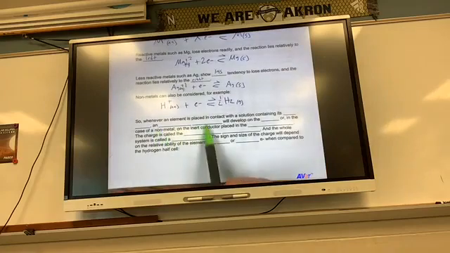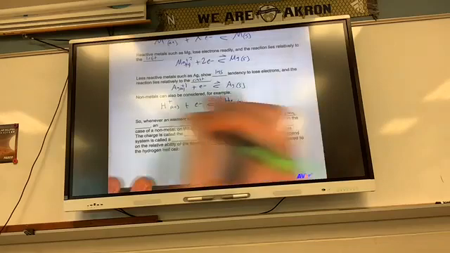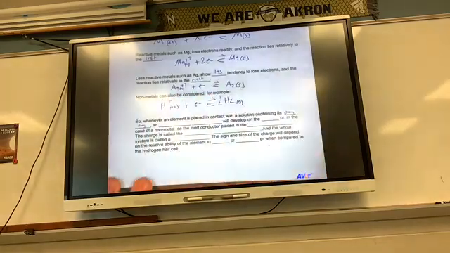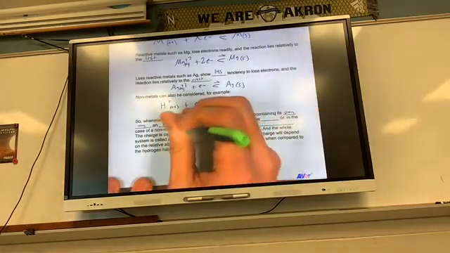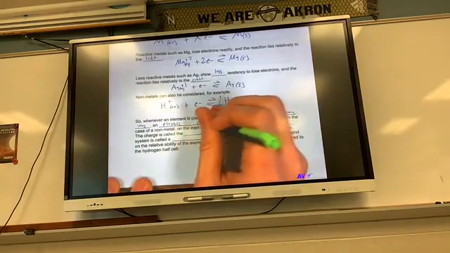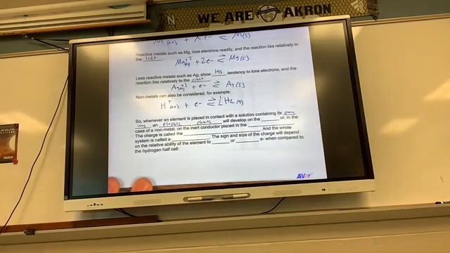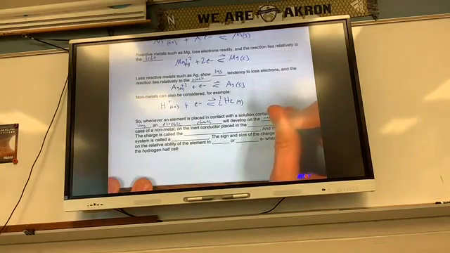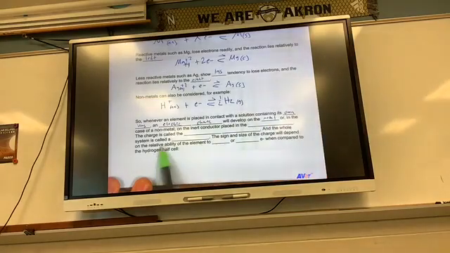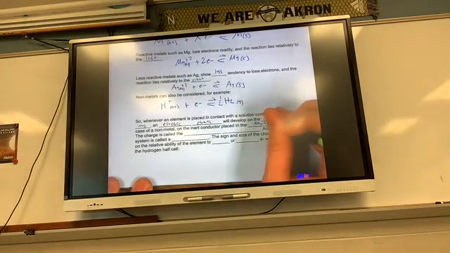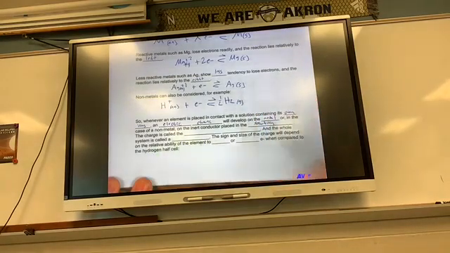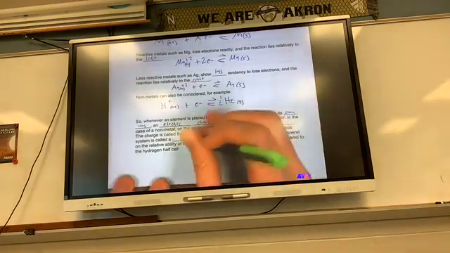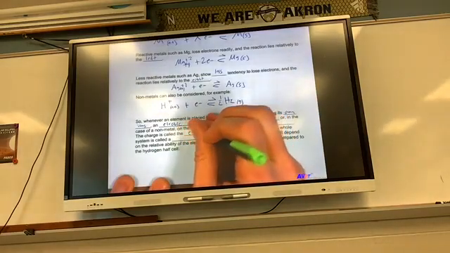So whenever an element is placed in contact with a solution containing its own ions, an electric charge will develop on the metal. Or in the case of a nonmetal, on the inert conductor placed in the solution. The charge is called the electrode potential.